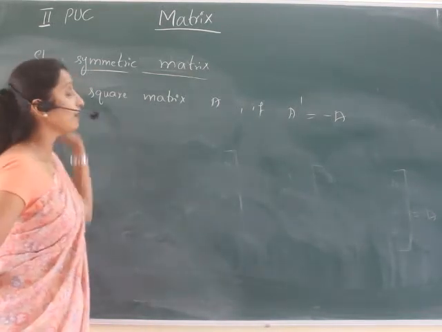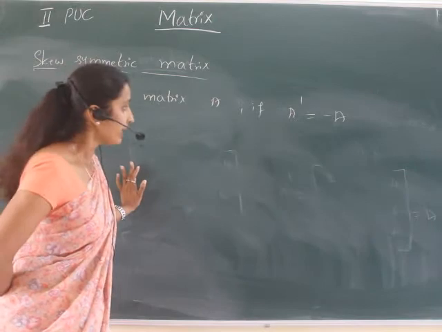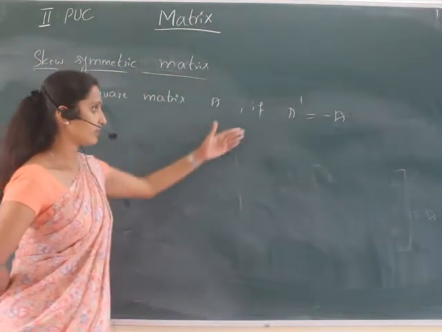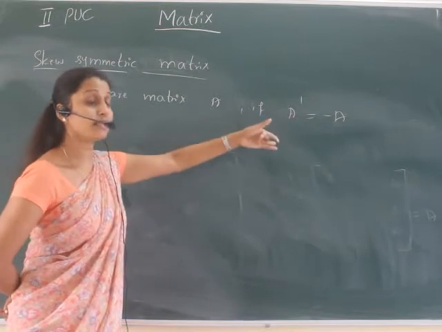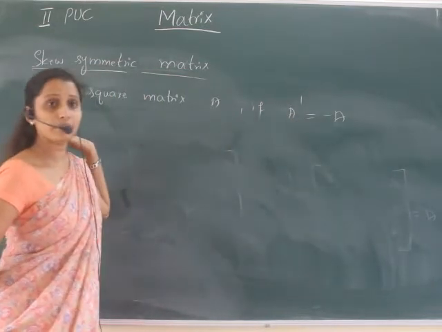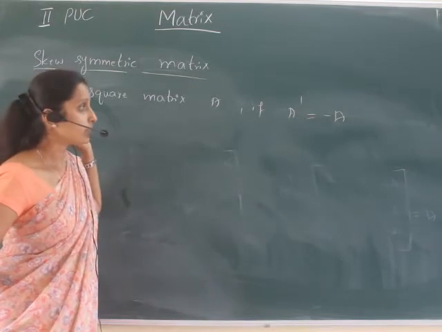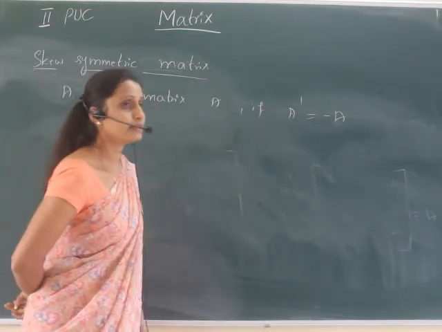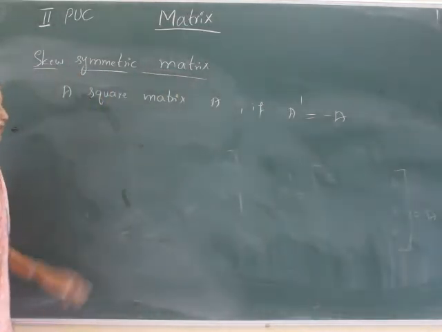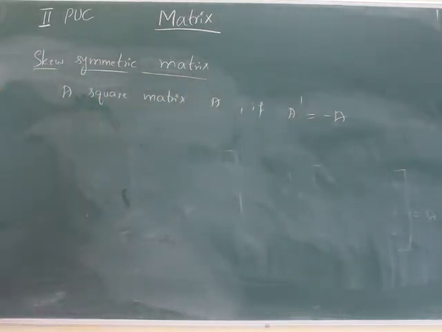In the symmetric matrix, A transpose is exactly equal to A, and in the skew symmetric matrix, A transpose is equal to minus A, the negative of the given matrix. Then this matrix is called a skew symmetric matrix.